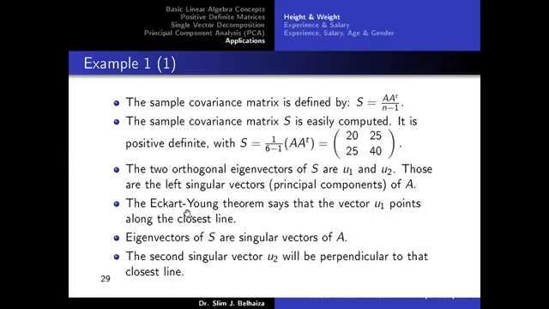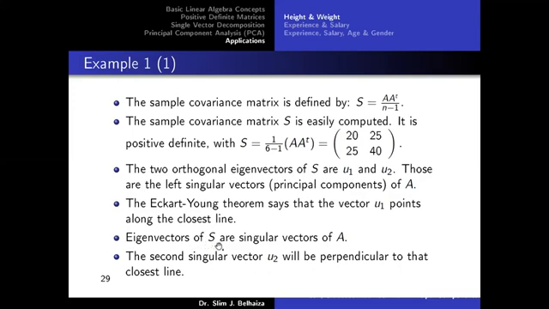In fact, what the Eckart-Young theorem says is that you can use the U1, which is associated to the largest singular value, or the largest eigenvalue of S, to obtain the first rank 1 approximation of it.